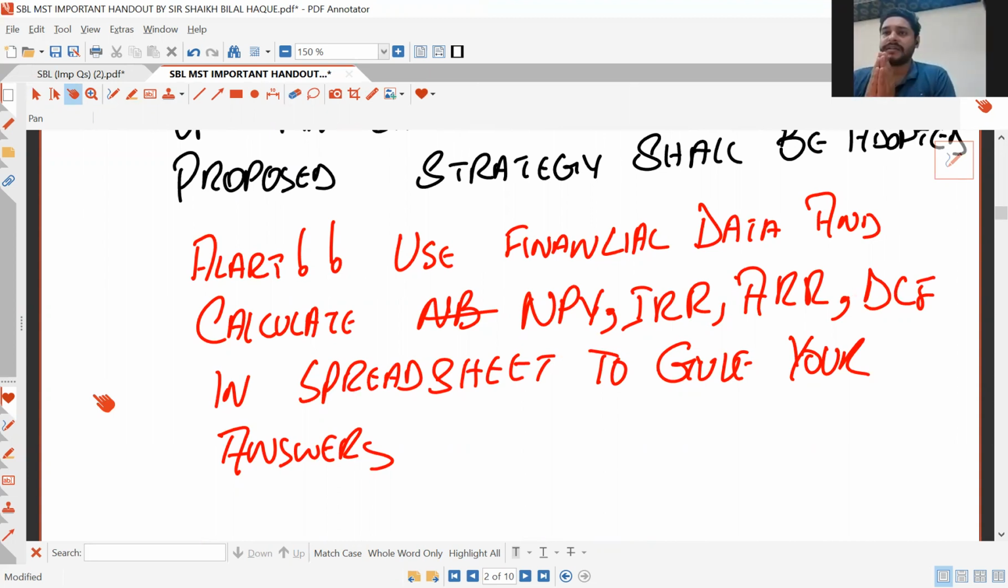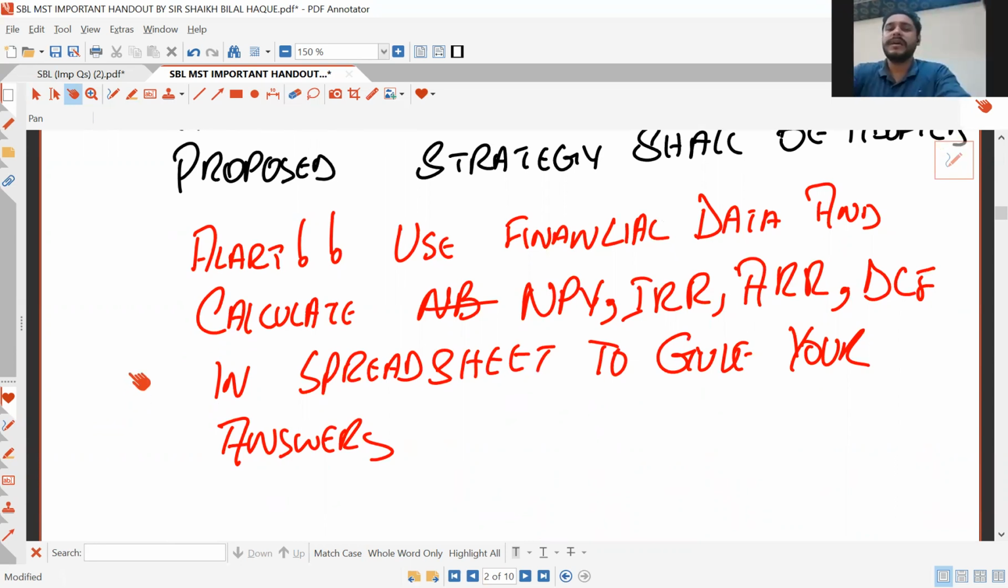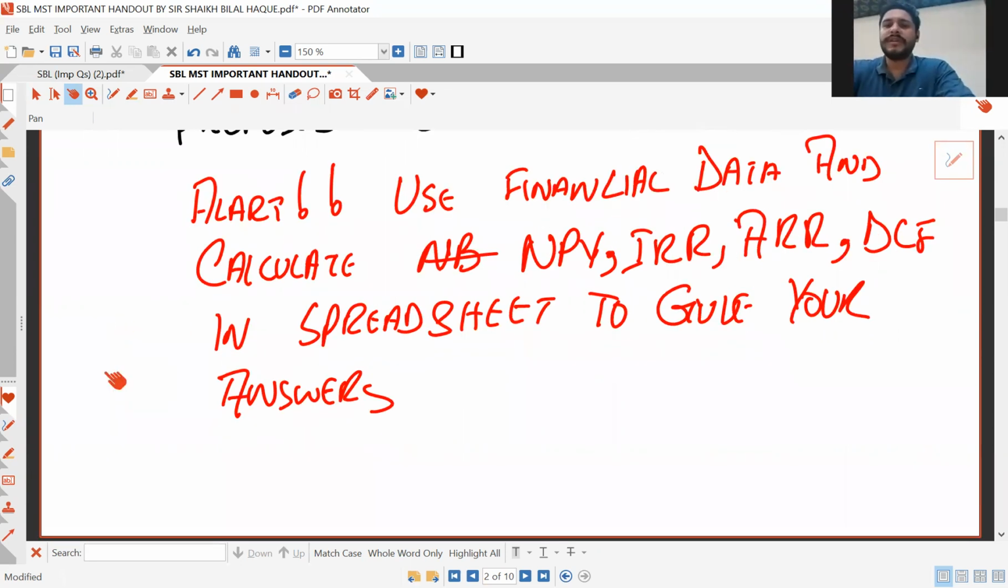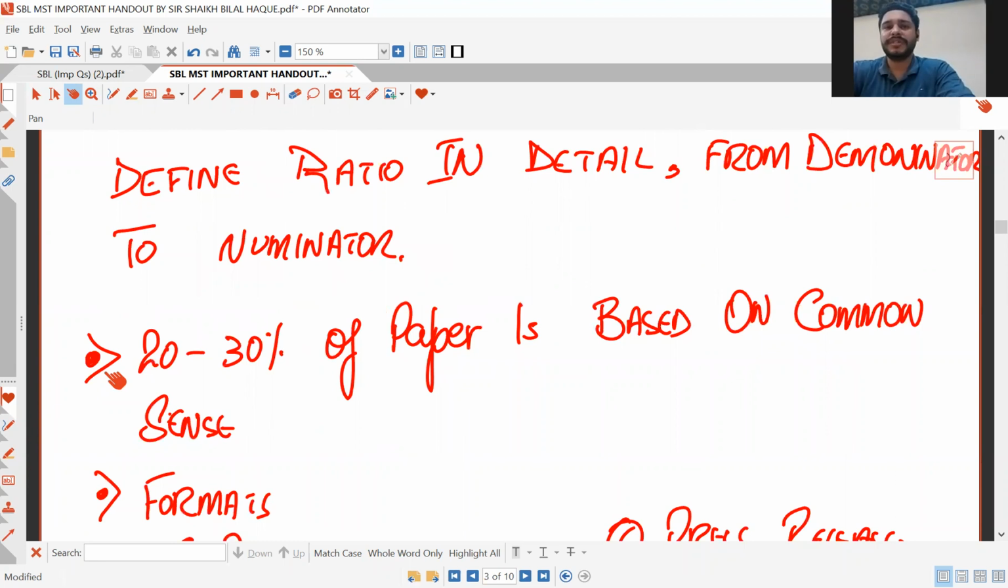In the spreadsheet, give your answer. If the examiner wants you to calculate the NPV, or has given you the data for the calculation of IRR, or the discounted cash flows, make sure you calculate it on the spreadsheet.